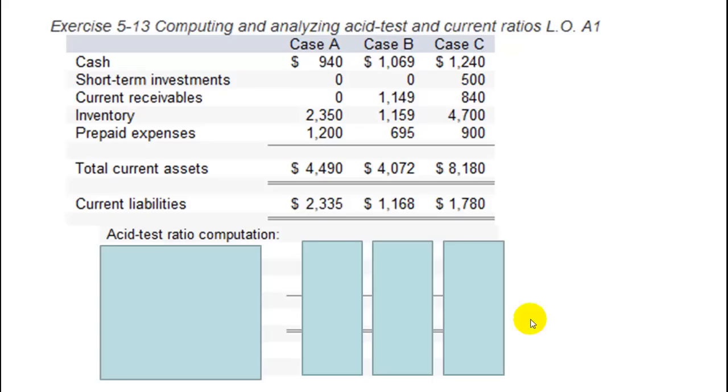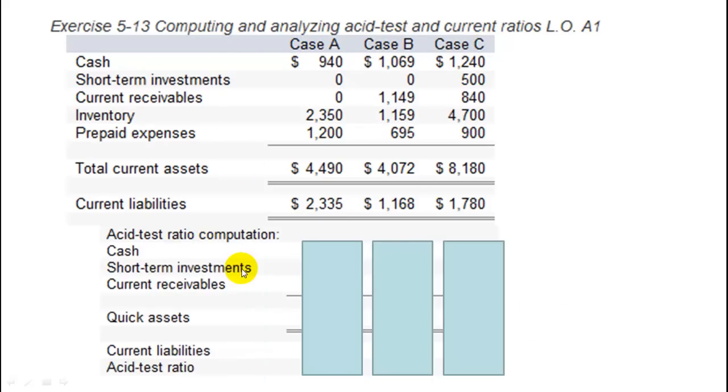Next part of this problem, they want you to calculate using the same information for case A, B, and C, the acid test ratio. The acid test ratio is a stricter, tighter measure, and it takes the quick assets, which in this problem are cash, short-term investments, and current receivables.